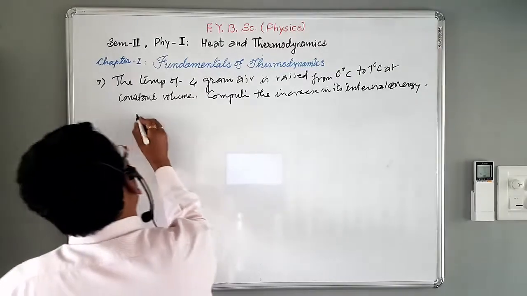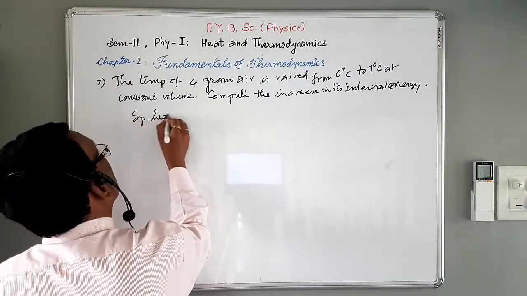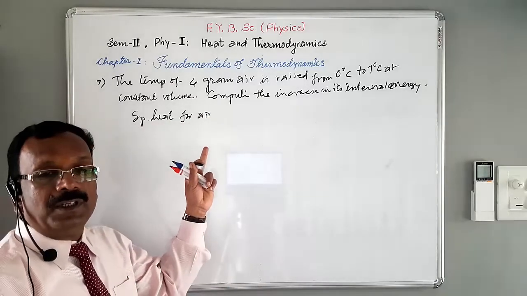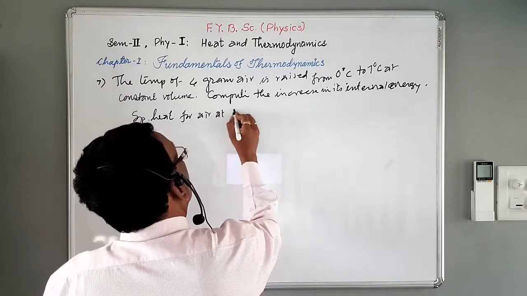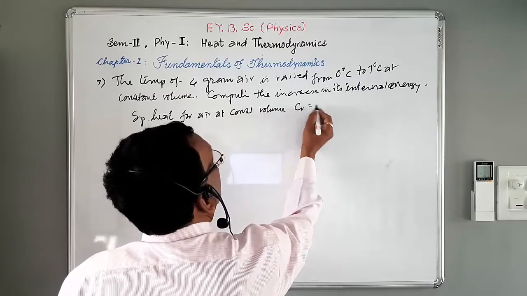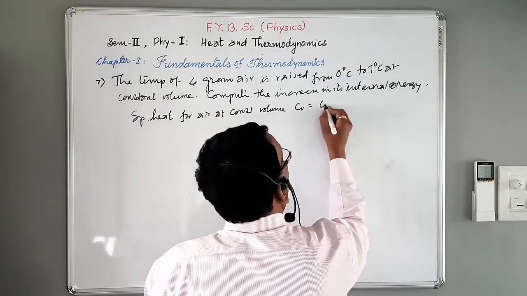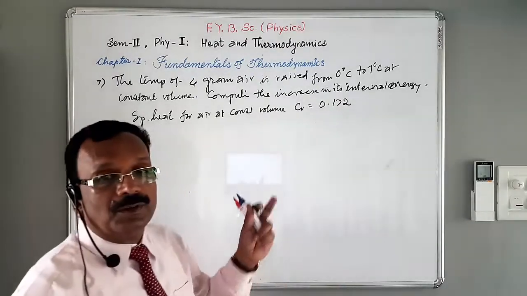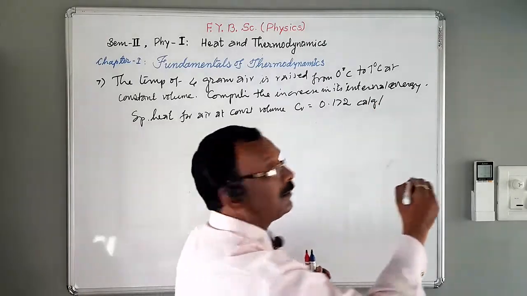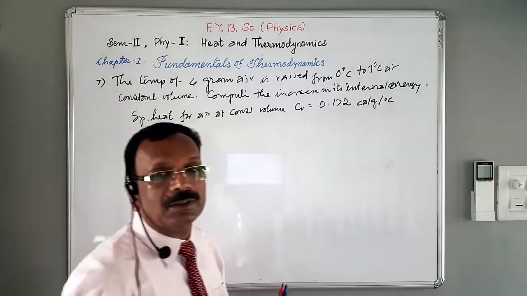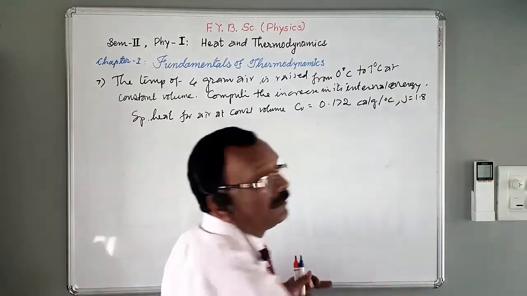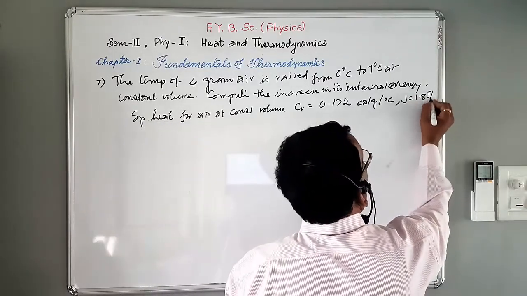Okay, here the value of specific heat is given. Specific heat for air at constant volume, that is CV, is 0.172 calorie per gram per degree Celsius, and the value of J is also given, 4.18 joule per calorie.